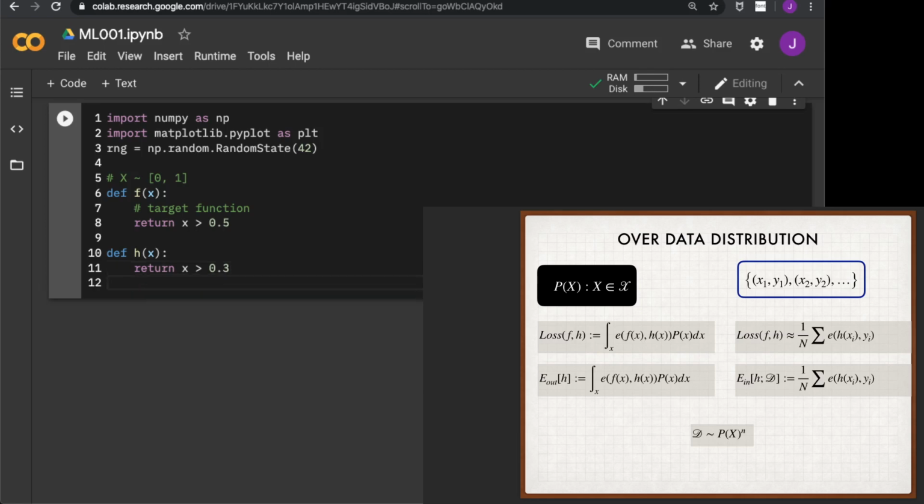Then in this particular case, we know the out-of-sample error is exactly 0.2.